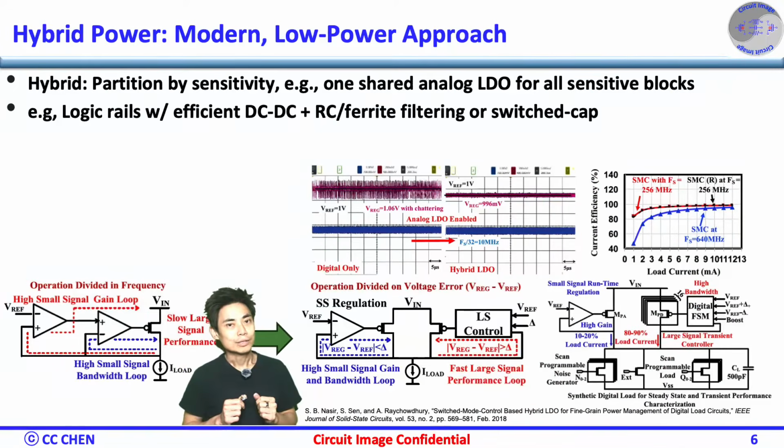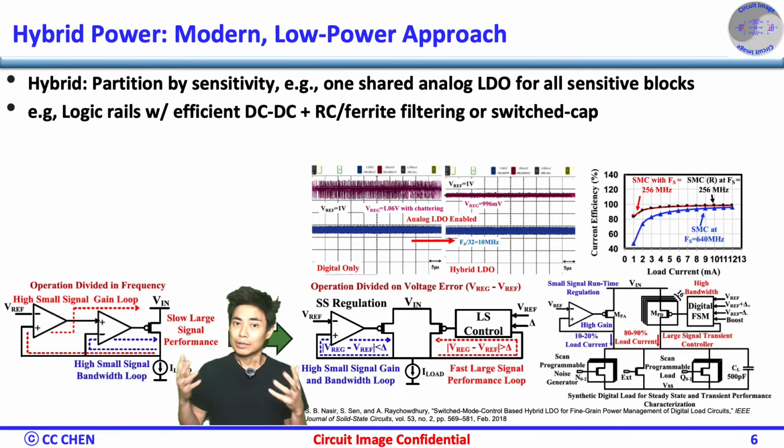The modern solution isn't to put an LDO on everything, but to use it in an intelligent way, like a hybrid approach. We partition the power delivery by sensitivity. A single shared high-performance LDO is used for all the sensitive analog blocks.